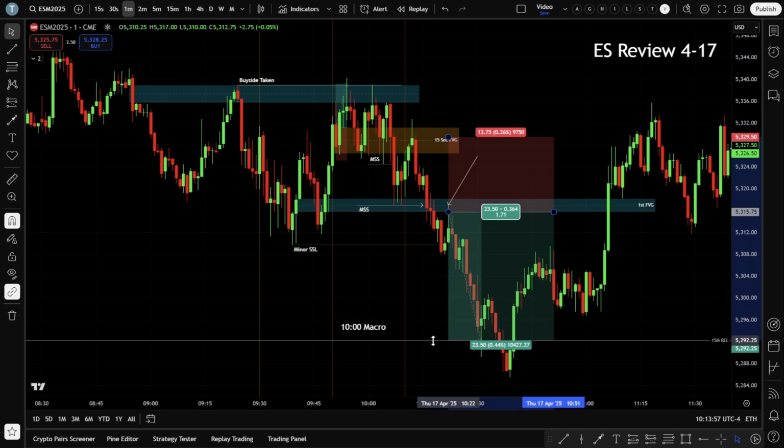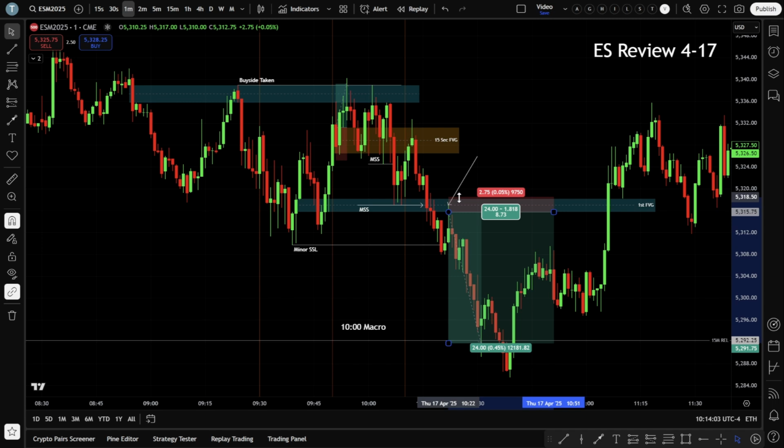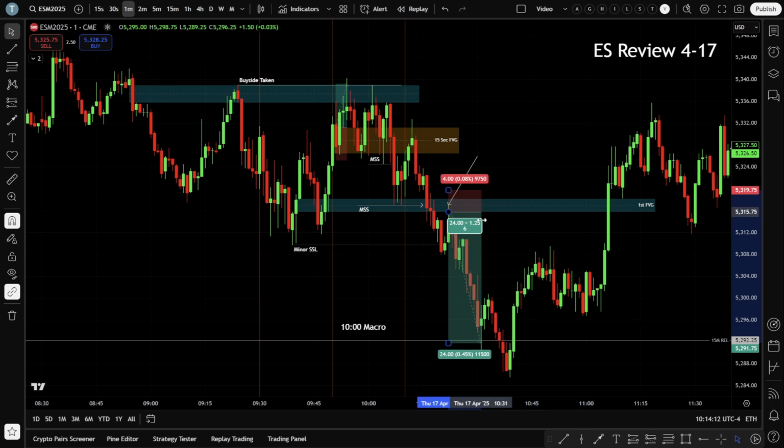Targeting those 15-minute relative equal lows. And our stop loss we would place above the first presented fair value gap. And there's the trade for 24 points on the ES.